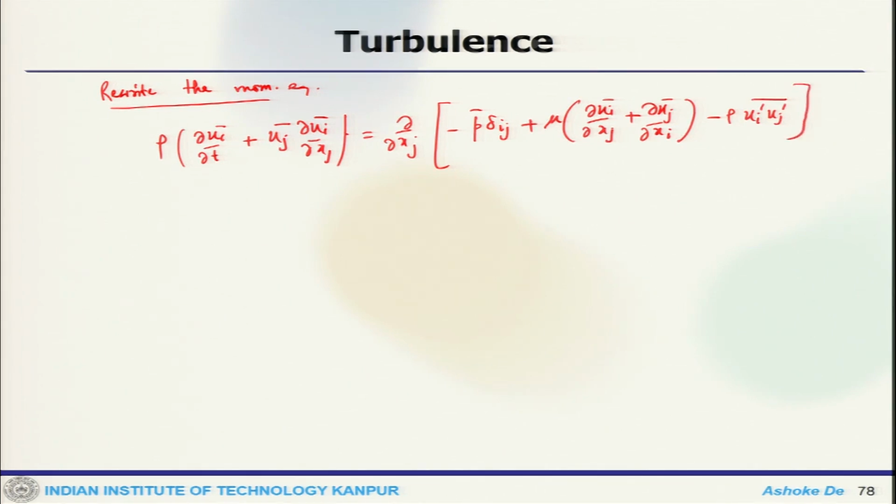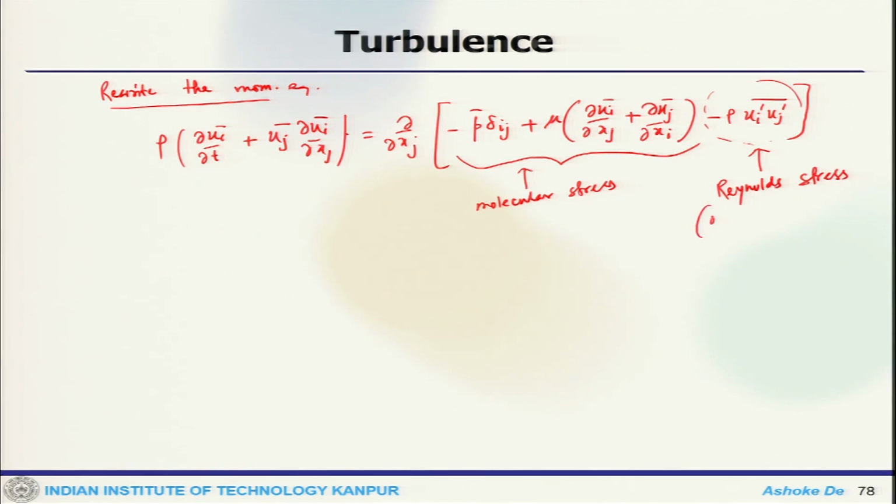So, everything is under that derivative. This particular term is the molecular stress term, molecular stress, and this term sitting there is known as the Reynolds stress or turbulent stress. So, this extra term does arise because of my Reynolds averaging over the equation system.